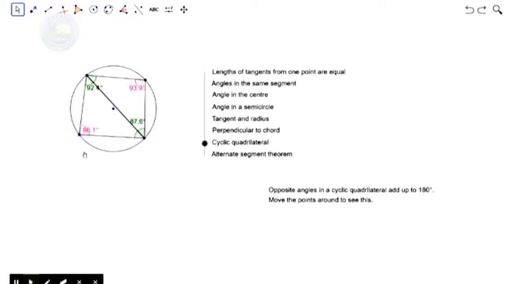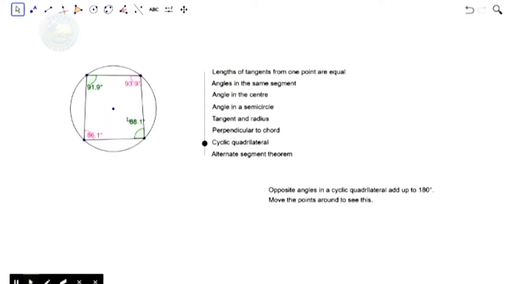So even though we're moving this value, this angle is not going to change its value because it is in the same segment. Similarly, this angle is not going to change its value because it's in the same segment. It's a cool thing that we should be able to realize. So just by changing this one, we're not changing its value.